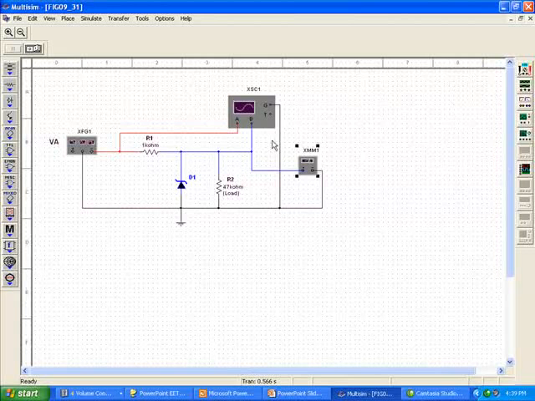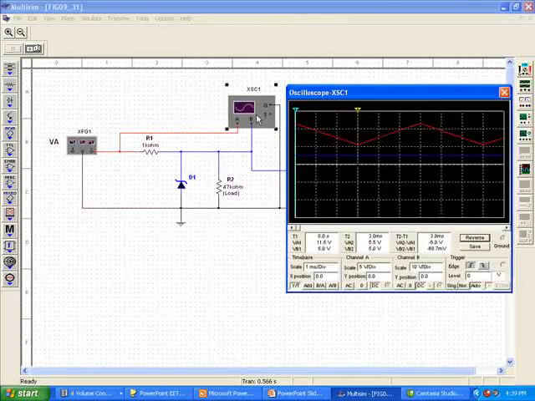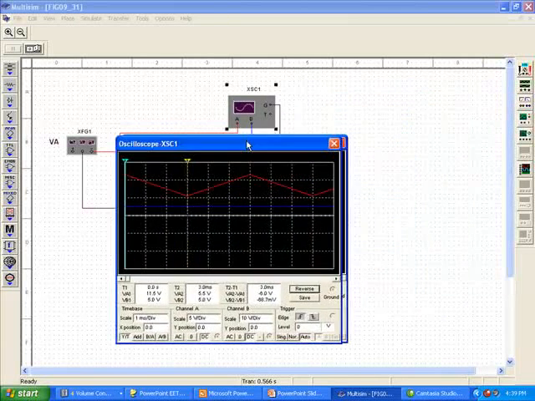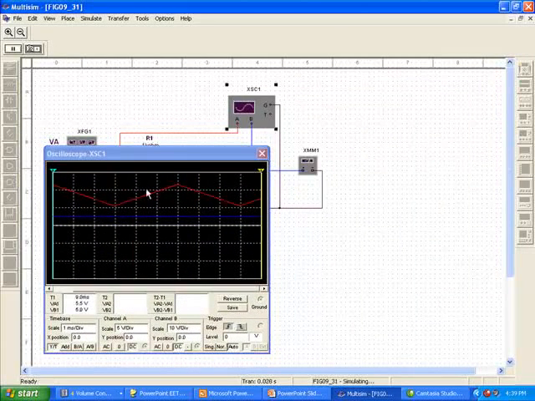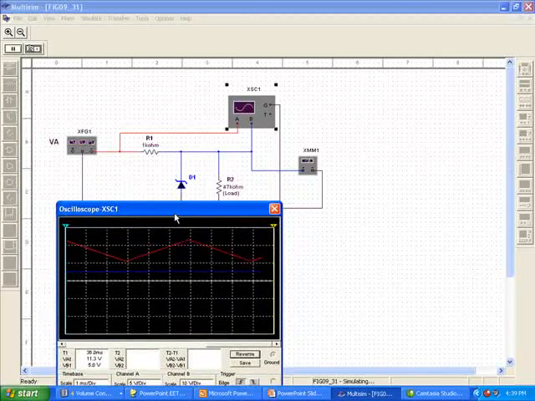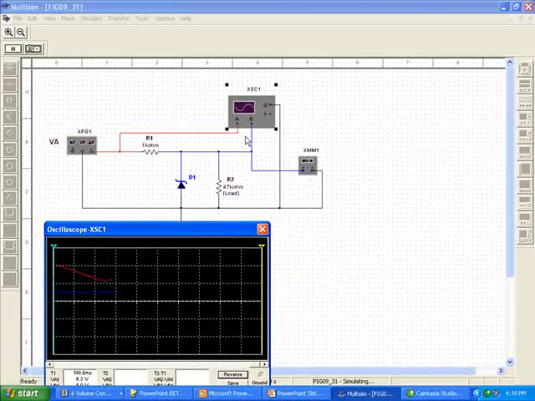Now, let's take a look at the inputs and outputs. Let's go turn on the oscilloscope here. And what we will see, in fact, let's run the simulation. And you'll see here we have the triangular wave coming in, and this blue line here is the output voltage. And if we go in here, you'll notice we have the oscilloscope set up.